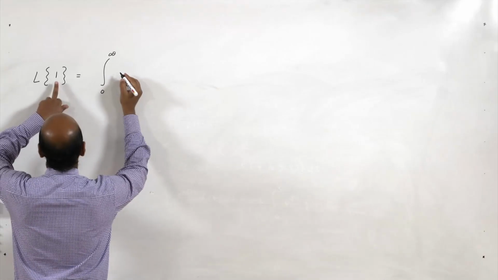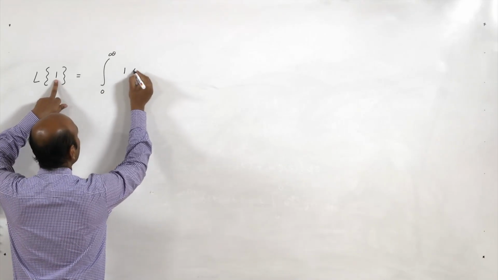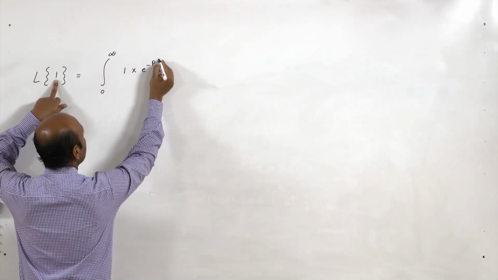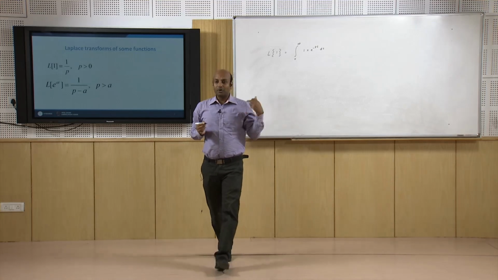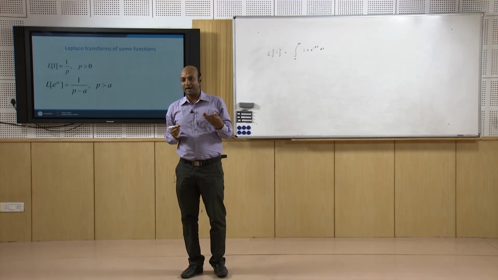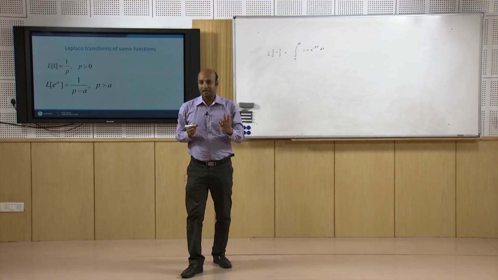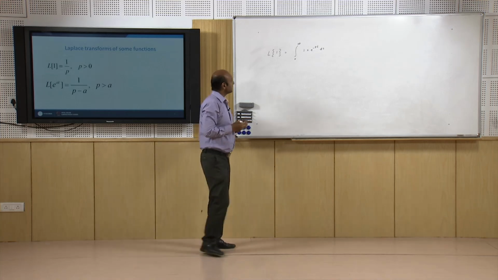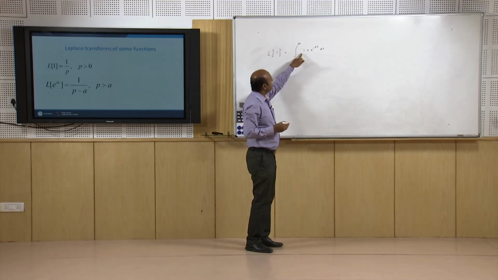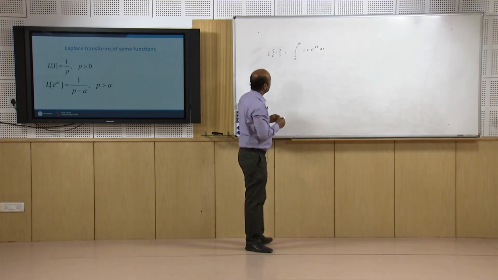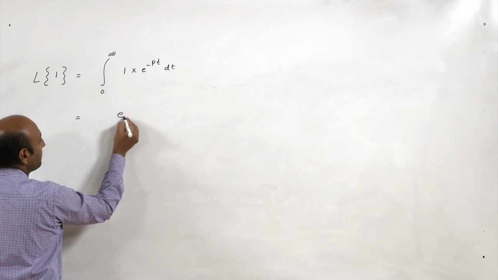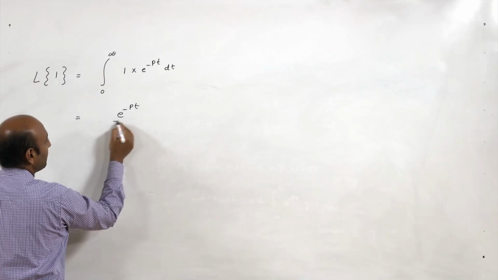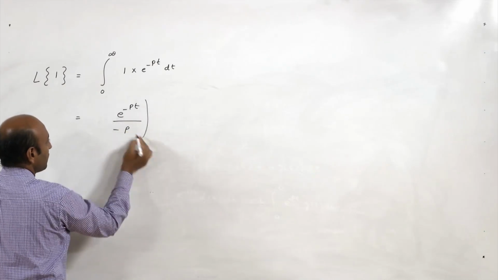So the Laplace transform of 1 is nothing but the integral of 1 into e to the power minus pt dt, because here the function whose Laplace transform is to be found is 1, unity. So it is the integral from 0 to infinity of 1 into e to the power minus pt dt. What is the integration of e to the power minus pt? It is e to the power minus pt upon minus p, from 0 to infinity.